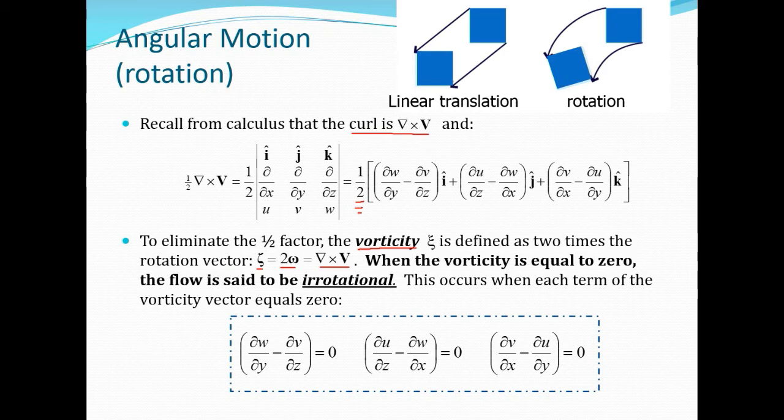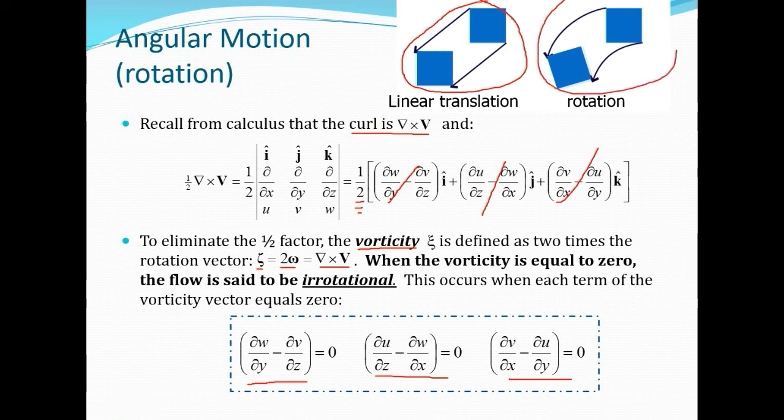So irrotational means not rotating. That means these terms are all 0. They cancel each other out. You can see it again here more explicitly. When these terms all cancel each other out, there is no rotation, so we will get only linear translation. If any of these terms is not equal to 0, then there will be some rotation as the packet moves along.